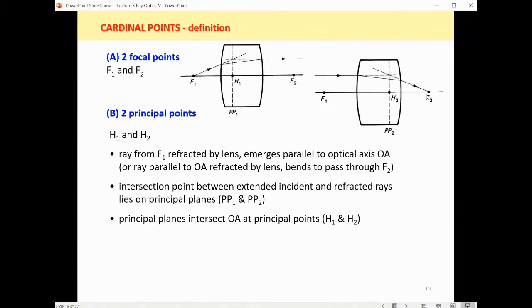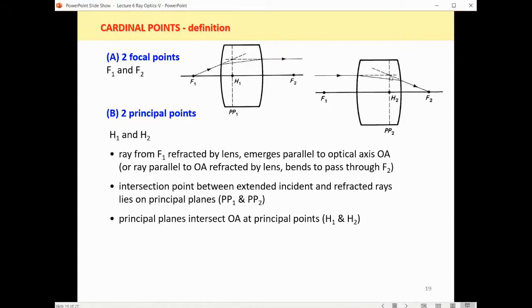And likewise for the second focal point, a ray that comes parallel to the optical axis will get refracted through the thick lens and exit at an angle and pass through the second focal point. Projecting back the exit ray and projecting forward the incident parallel ray, they will meet at this point here.